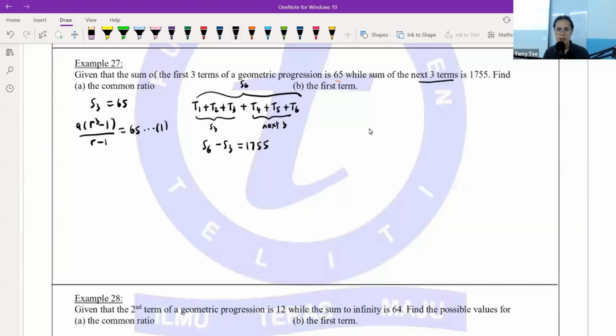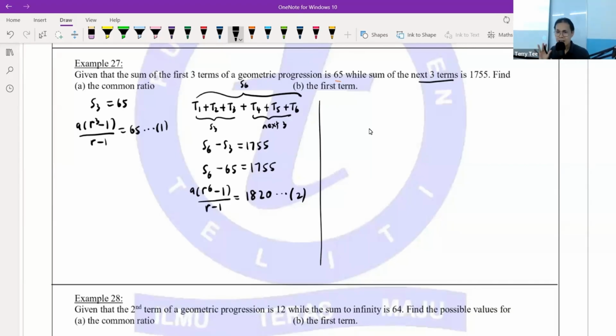But before I sub in the S6 formula, since I know S3 is 65, I'll sub in first, and from here only then I sub in r power 6 minus 1 over r minus 1. So 1755 plus 65 is 1820. Yes, 1820. This will be my equation number 2.